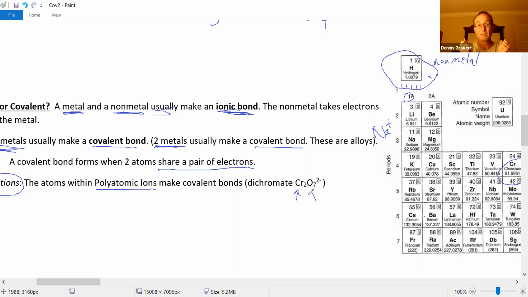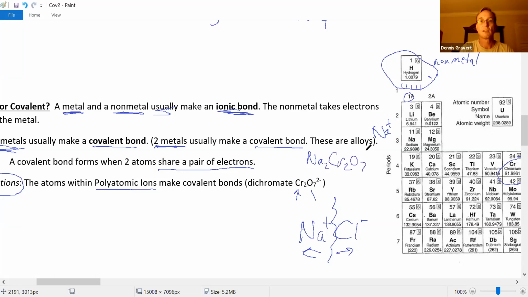Table salt, NaCl, right? Na is plus, Cl is minus. So crystals of salt, the cations separate from the anions once they dissolve in water. But if you had sodium dichromate, the dichromate ion separates and the 2 sodiums separate. That's as far as it goes. The Cr does not separate from the O's. That's just how covalent bonding is different from ionic bonding.